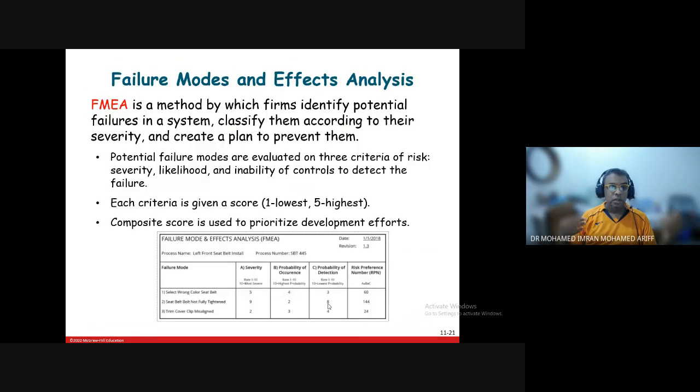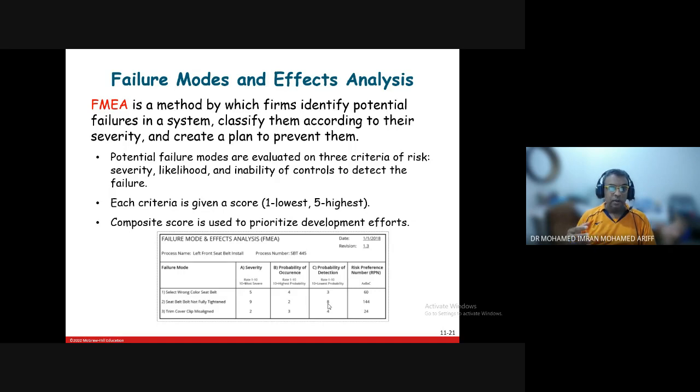So we can use things like FMEA, failure modes and effects analysis, where your company will do a failure plan to detect if this system will crash or not work, and to see how severe it would be if these problems were to happen.